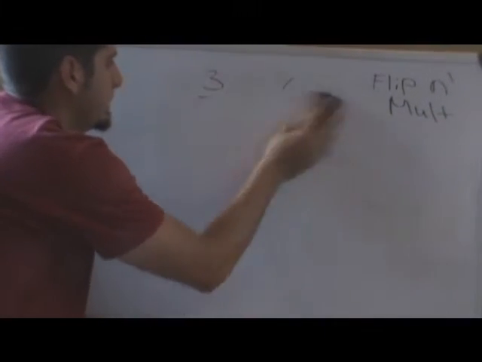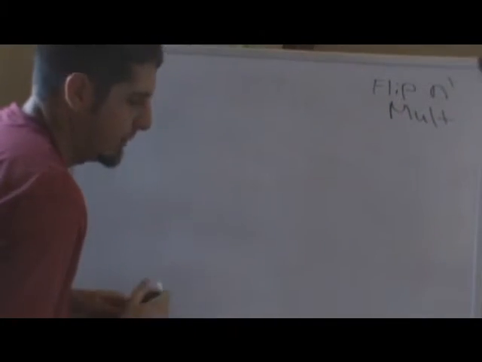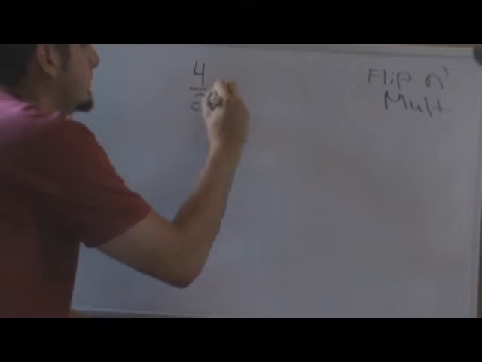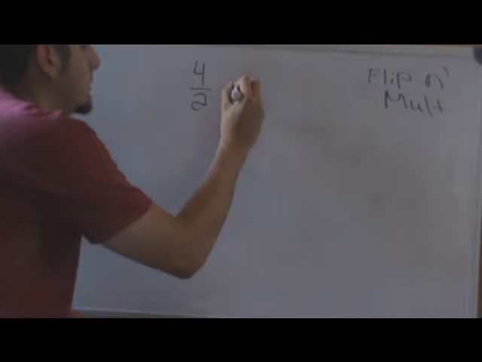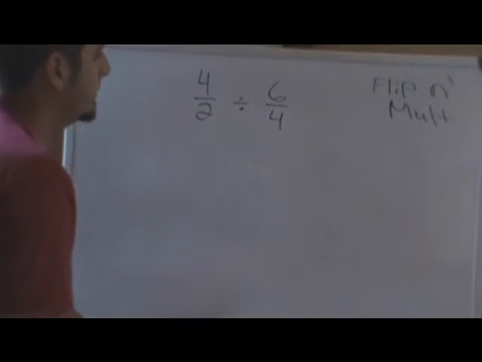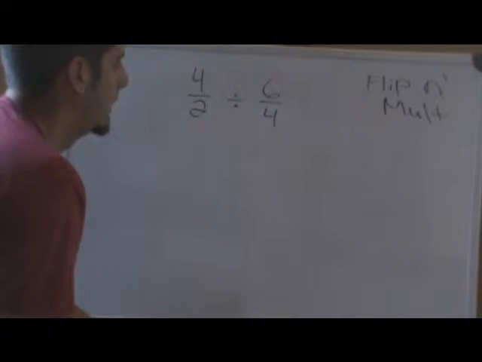So another example real quick of that. Let's do 4 over 2 divided by 6 over 4.